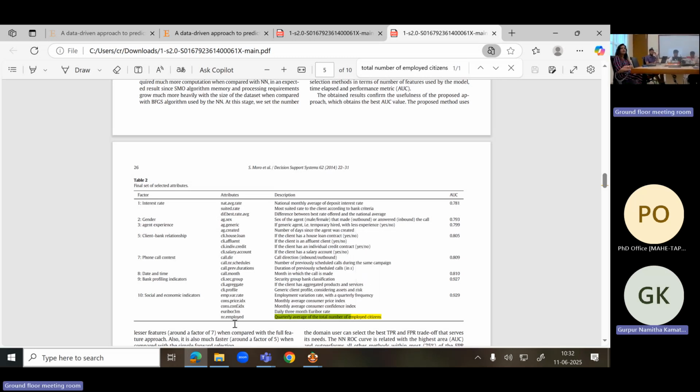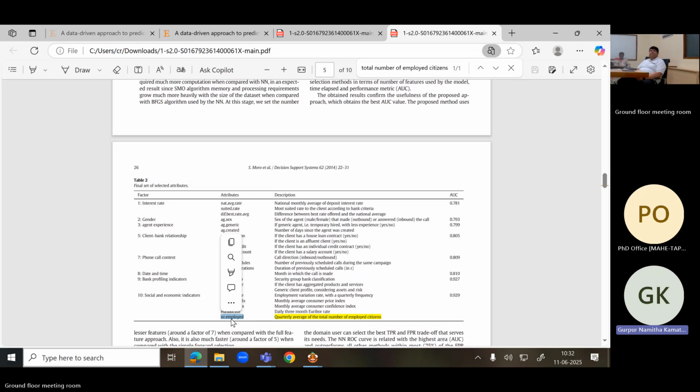Sir, one question: where would this have come from? I'm curious about the source of this data. Sir, it can also be related to the age, that is, the quarterly average of the total number of employed citizens.